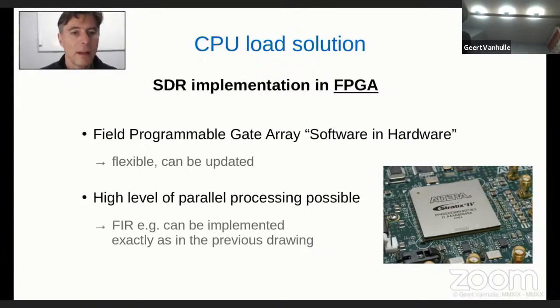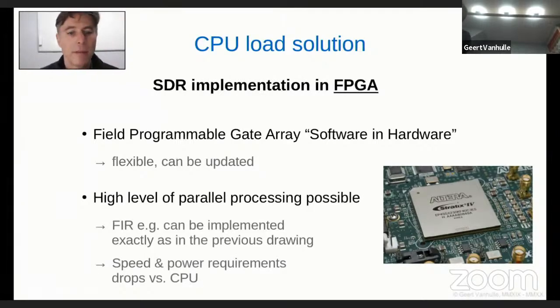We can make this FIR filter block with 50 taps, and it won't consume a lot of our power and CPU. Because here we have the parallel processing done, the power requirements dropped, and the processing requirements drop. So very good.